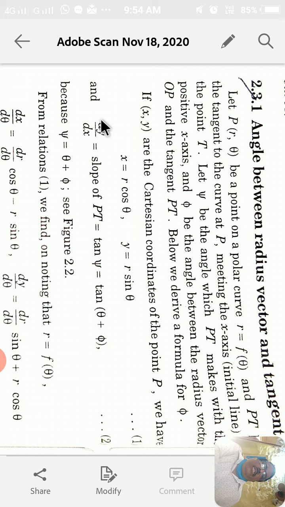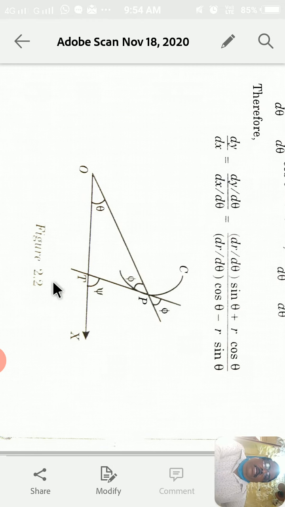Next, we know that the slope of the tangent is denoted by tan psi, or in other words, dy by dx is equal to tan psi. Now psi, from geometrical concepts in this figure, is an exterior angle, and the exterior angle is always equal to the sum of the interior angles.